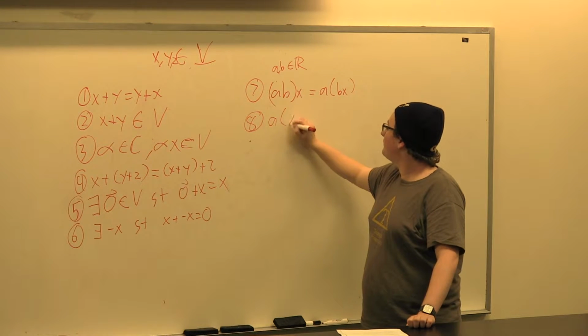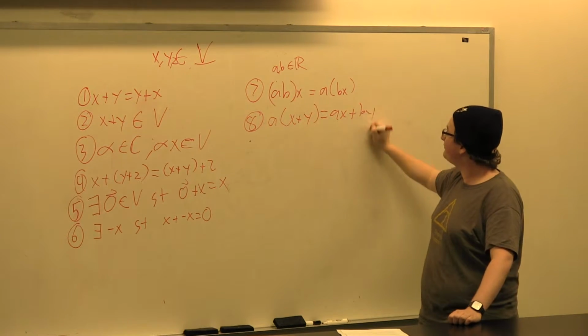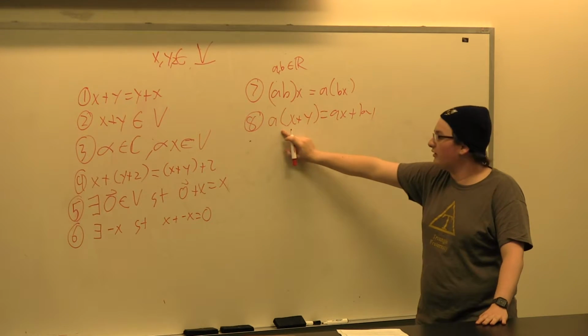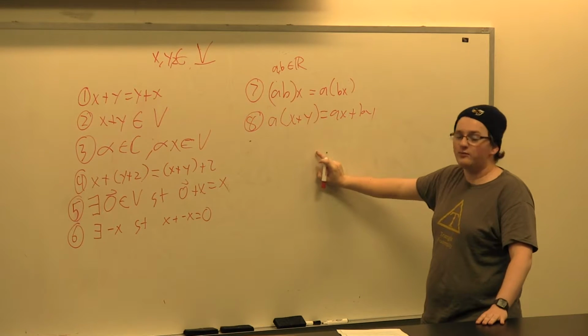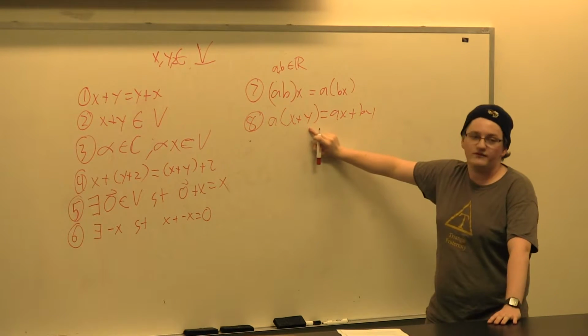A times X plus Y is equal to AX plus AY, so scalar multiplication is distributive along vector addition.